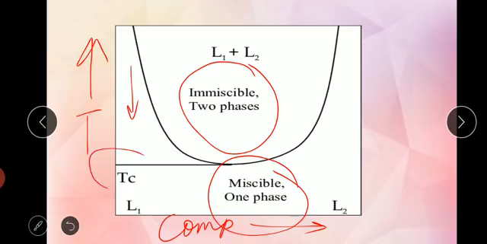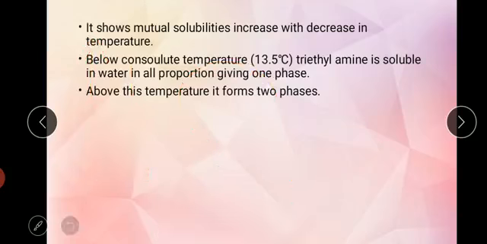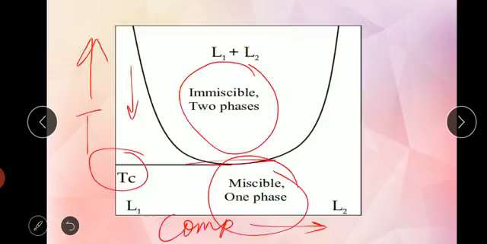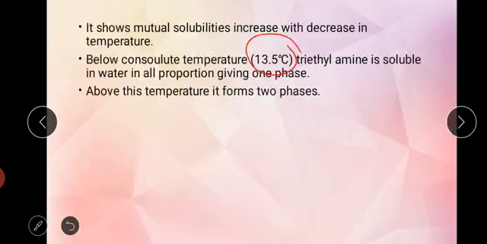Okay, so at a temperature Tc, that is known as the consolute temperature, that is 13.5 degrees Celsius, triethylamine is completely soluble in water, and at this point both triethylamine and water will be giving one single phase, and that means they are completely soluble or completely miscible with each other.